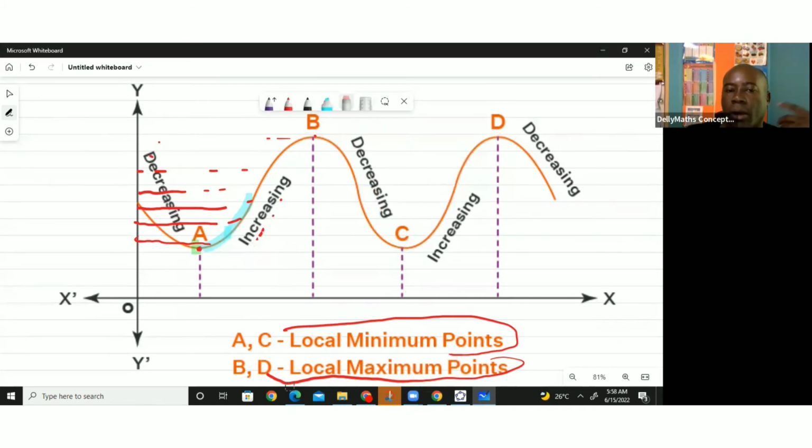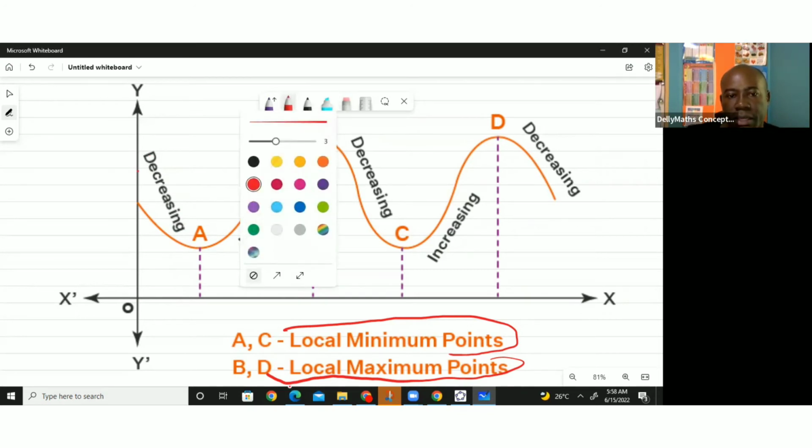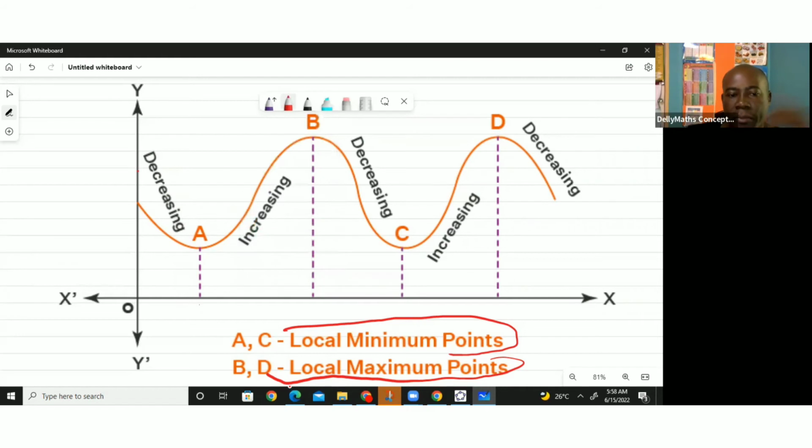When we talk about the stationary point, we're talking about the coordinate of the point at a certain place. For example, let me mark this up. Let us say we have a small a here, a small b here, a small c there, and a small d there on the x-axis. Right here at big A, we have a local minimum.